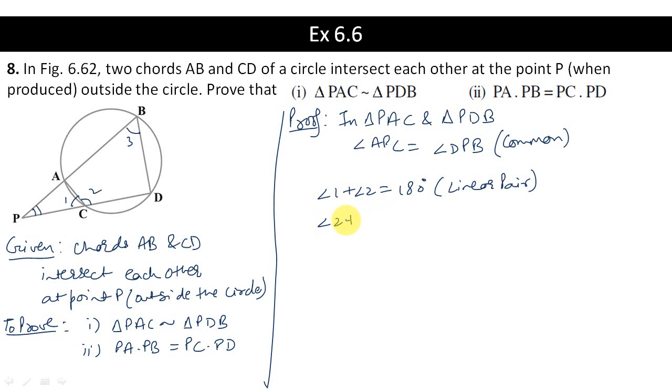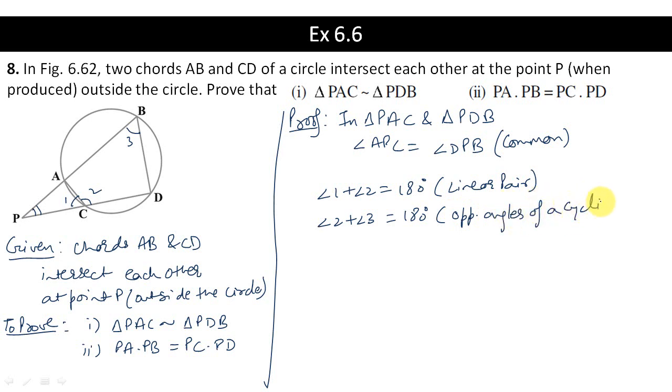And angle 2 plus angle 3 will be again 180 degrees, because ABDC is a cyclic quadrilateral and angle 2 and angle 3 are opposite angles of this quadrilateral, and opposite angles of a cyclic quadrilateral are supplementary.